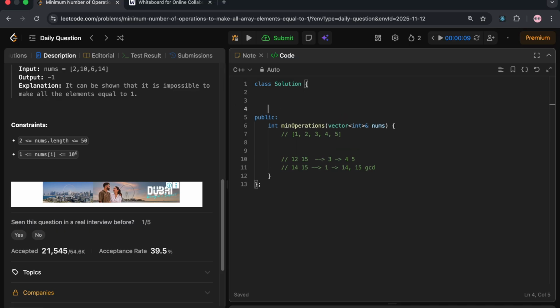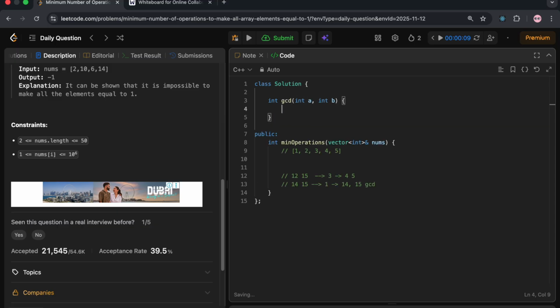So let's code it once. We first require a function that gives us the GCD. So how is the GCD function written? We give it two values, a and b here, and here a modulo b.